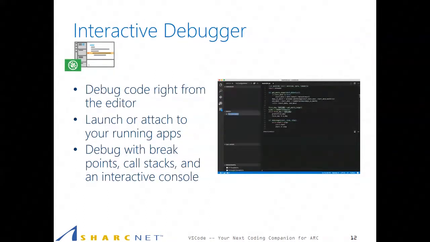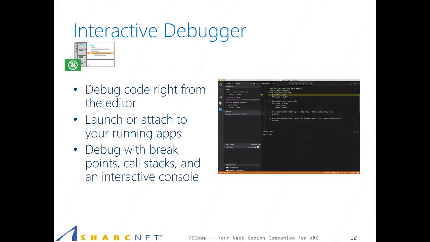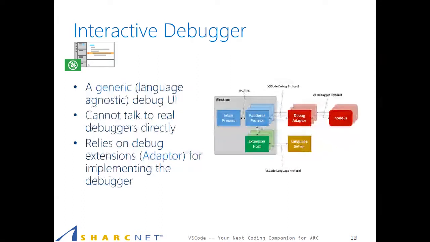And the interactive debugger is, in my opinion, the best thing about the code editor, which makes it different from other source code editors. You can debug code right from the editor, launch or attach to your running applications, and you can debug with breakpoints, call stacks, and an interactive console. The thing is that it has a generic debug user interface. It's language agnostic, and it cannot talk to real debuggers directly.